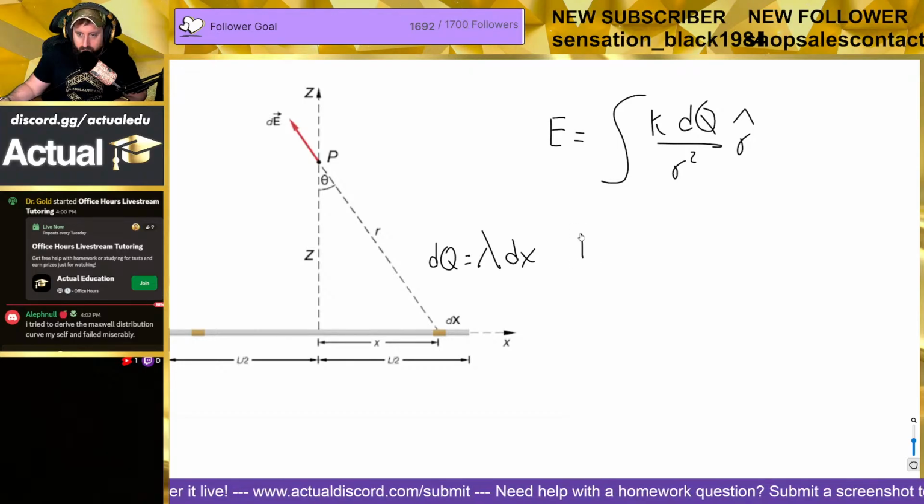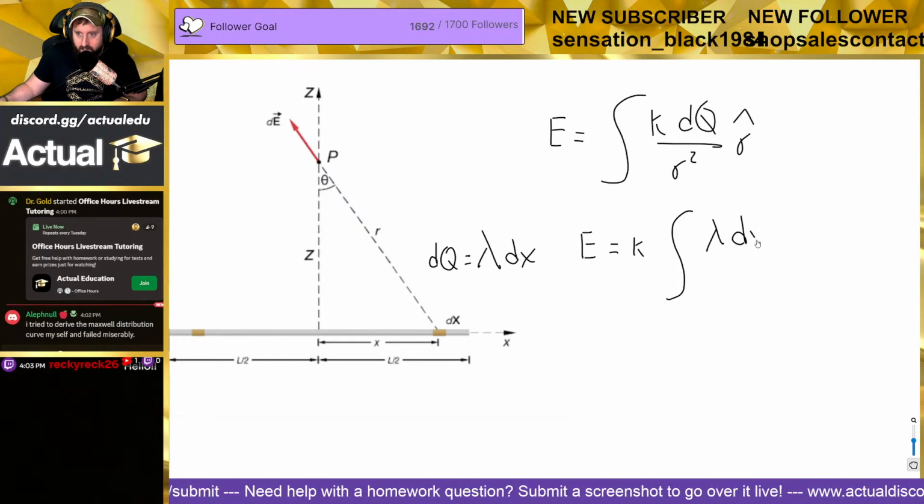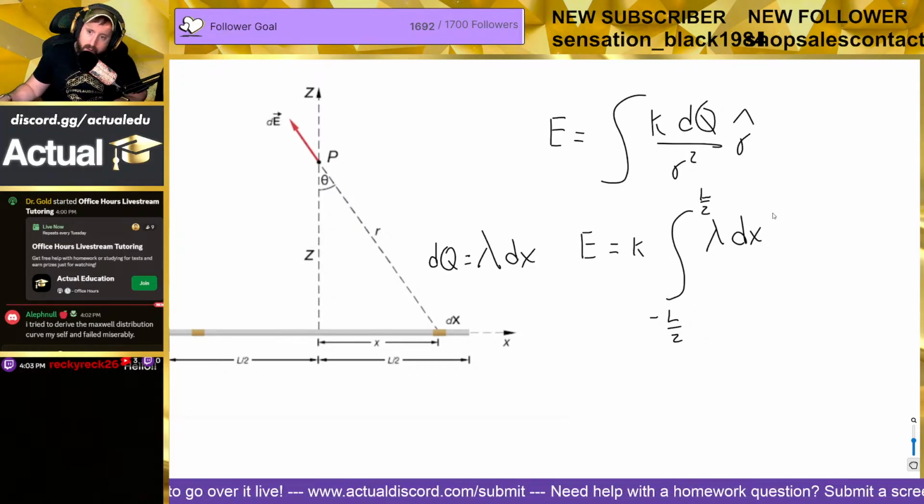So E is going to be equal to, I can pull the k out, k integral of lambda dx. We're going to go from negative L over 2 to L over 2. Doesn't really matter which direction you do it. What's up, Reiki? To L over 2, over r squared r hat.